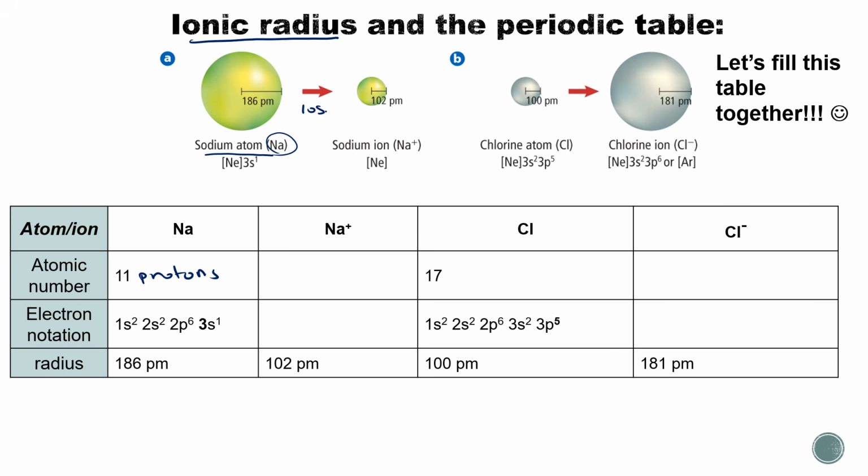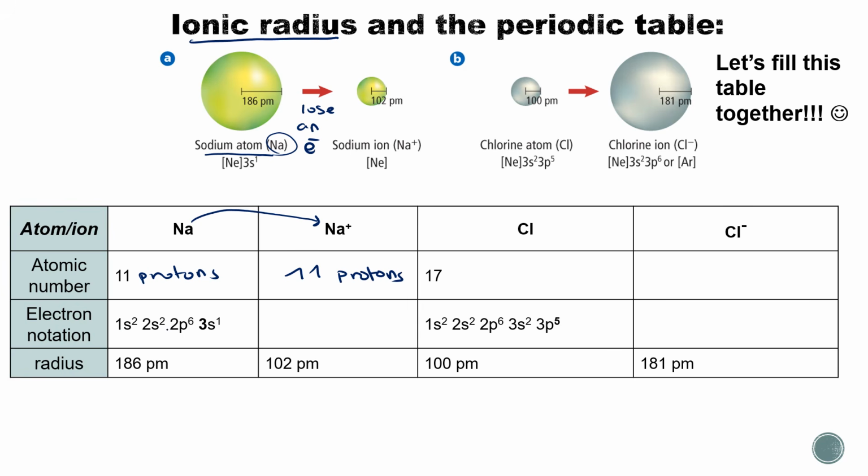Now it's going to lose an electron, a negative electron. So when it loses an electron, it becomes a positive ion. What's the atomic number here? Number of protons? It's going to be 11, guys. Why? Because I said it loses an electron, not a proton.